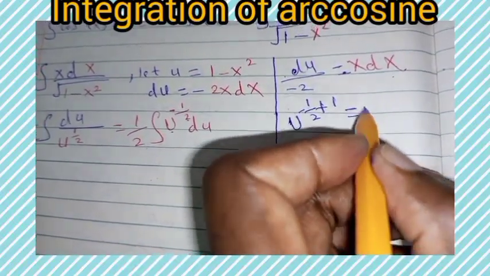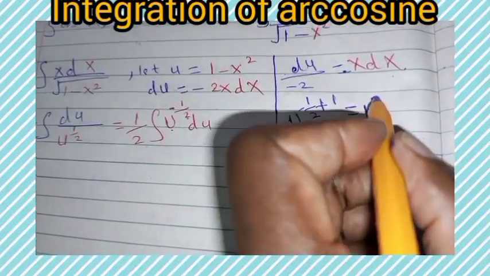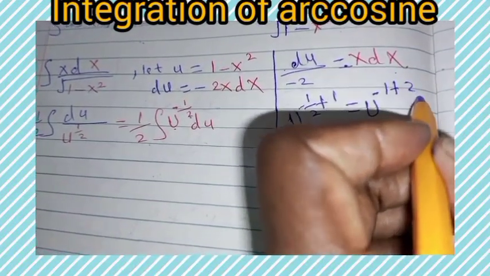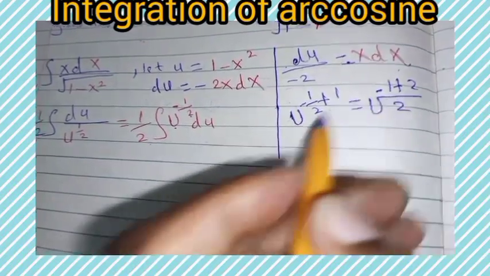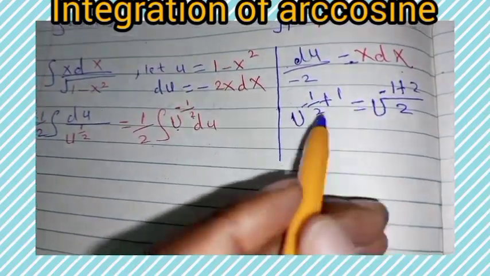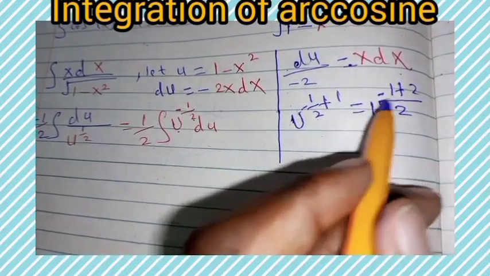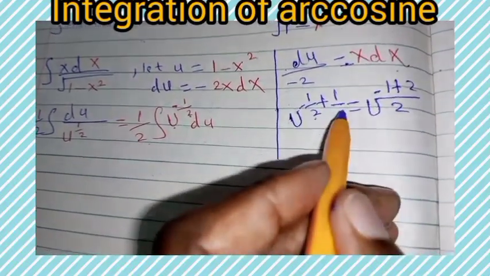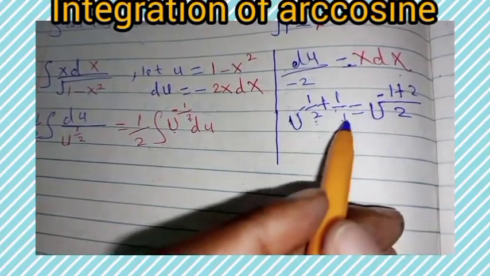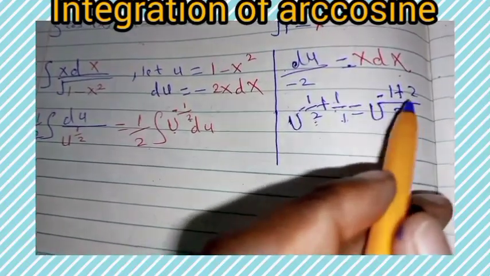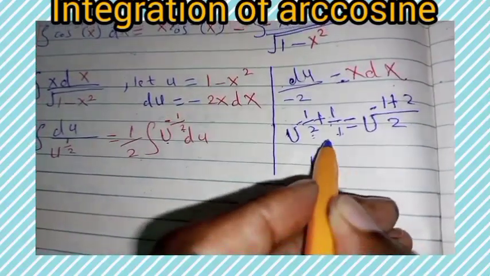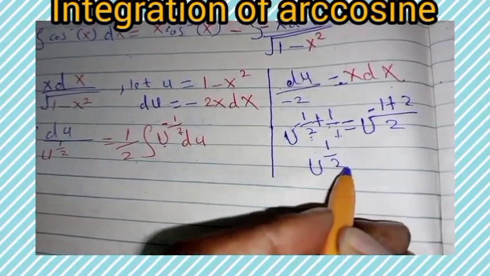This is the same as u power, negative 1 over 2 plus 2 over 2, which gives 1 over 2.